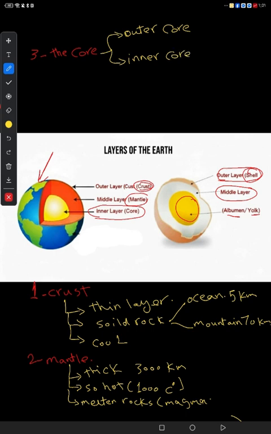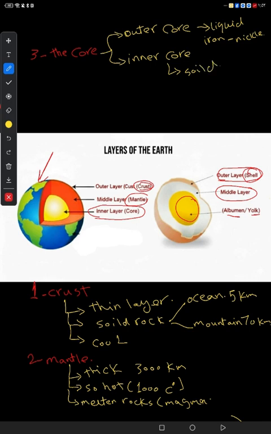The outer core is liquid. It consists of liquid iron and nickel. Okay? And the inner core is solid. Okay?